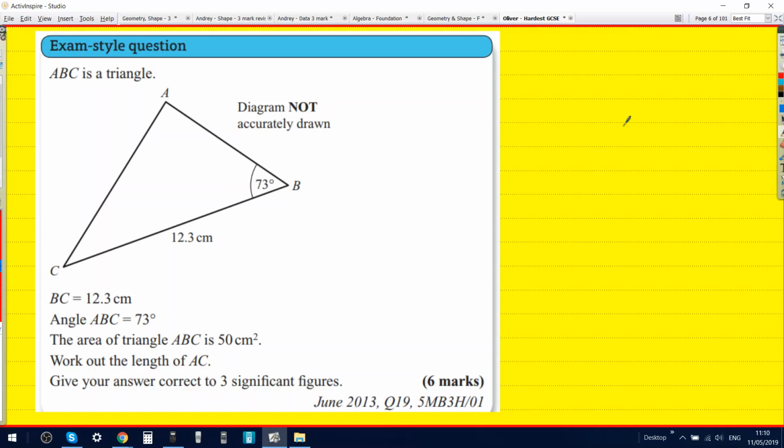So you could do the sine rule to work out the area and then just rearrange it to find AB, and then use the cos rule to find AC. So 50 centimeters is equal to half times 12.3 times AB times sine 73.